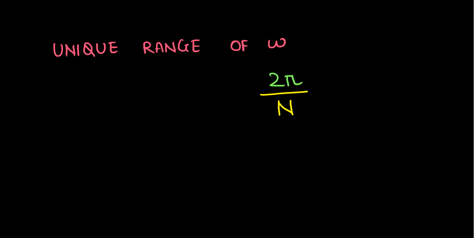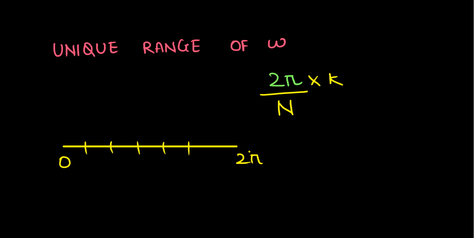So if we have N samples, then each sample can be represented by a multiplication by 2 pi by N. So it's something like this. This is 0. This is 2 pi. And we are just having N samples. So this is the 0th sample here, 1, 2 and so on.